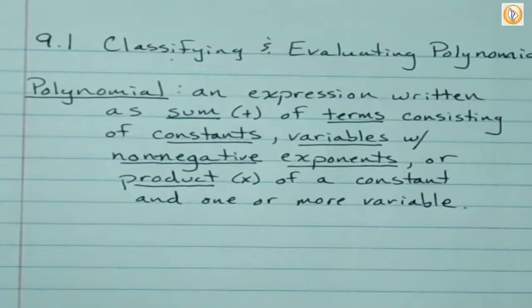Really? You can decipher what this means? No: constants means numbers, variables are your letters, non-negative exponents are positive exponents, or a product of a constant and one or more variable. And I'm going to give you an example of that.